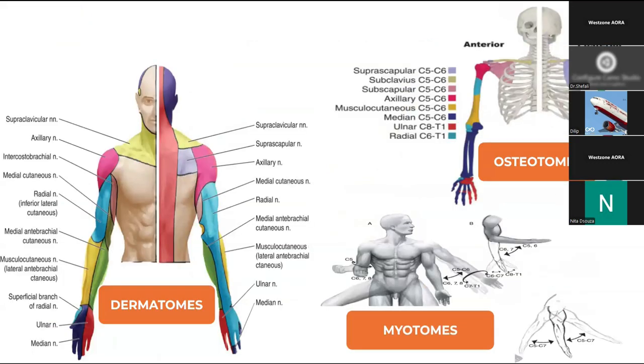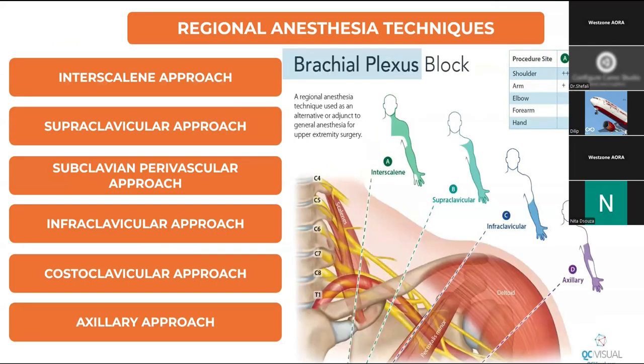The dermatomal, osteotomal, and myotomal distributions are of importance, especially when we have to decide what level of brachial plexus we should block. The approaches to the regional anesthesia technique here are interscalene approach, supraclavicular approach, subclavian perivascular approach, infraclavicular approach, costoclavicular approach, and an axillary approach.